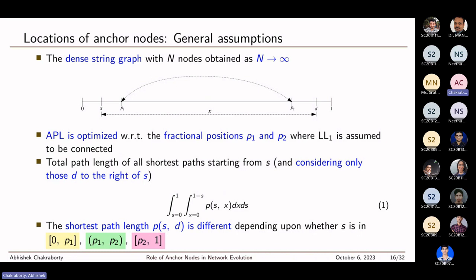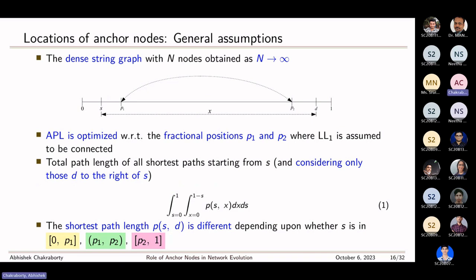So we identified a unit length string with n tending to infinity, so that we can use this string as a continuum and easily use integration. Otherwise it will be very difficult to derive. We'll see in the next few slides. I'll go very fast so you can look through the paper and book.